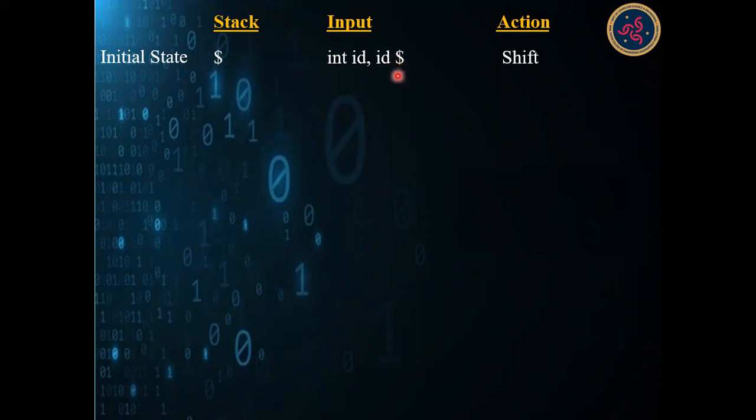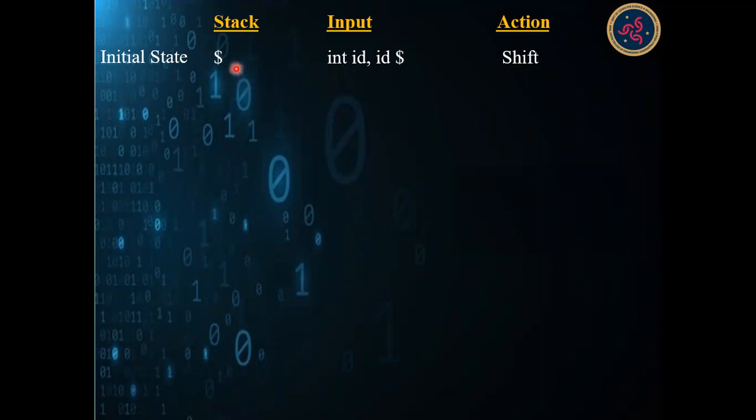Okay, now we have two different functions, that is a shift and a reduce function. Shift function means that we are shifting the input symbols from the input buffer to the stack. So if you are pushing this int onto the stack, then that action is called the shift. The next action is a reduce action, that is, we can pop out the symbols.